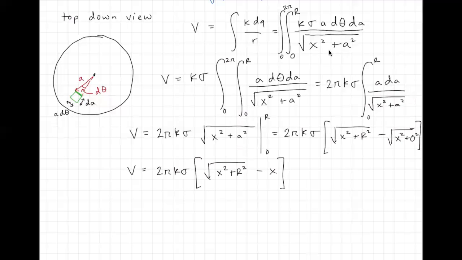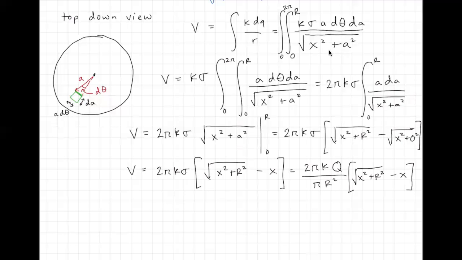Okay, that's cool. I can plug in sigma too here. So sigma was just the total charge over the area of the disk. So if I do that, then I get 2 pi k times total charge over the area of the disk, pi r squared, times square root x squared plus r squared minus x.